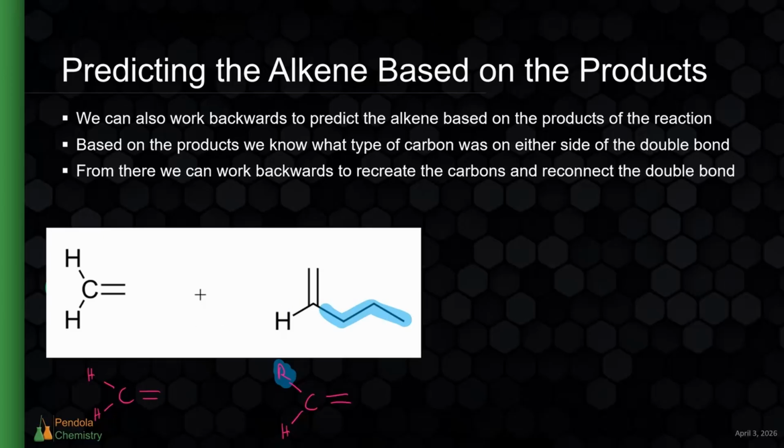Once we have our two pieces, once we know the carbon dioxide came from the CH2 with a double bond, and the carboxylic acid came from the carbon double bond with a hydrogen on one side and the R group on the other, what we need to do is connect the double bonds. We need to grab this part of the double bond and connect it to this carbon right here.